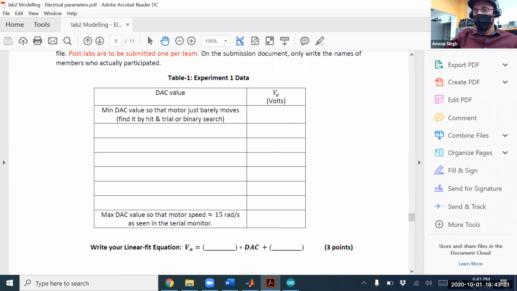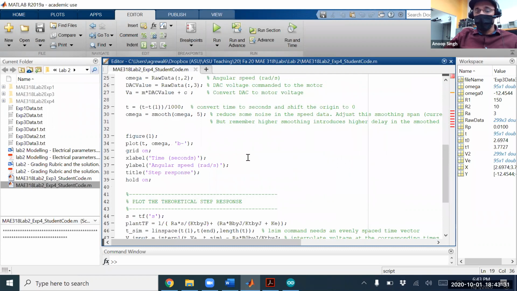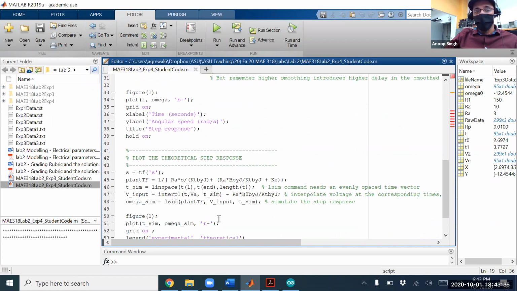So y is equal to mx plus c. The voltage is m times DAC plus c. And then MATLAB is going to plot the response of your transfer function as obtained over here, and also the experimental response. Hopefully they'll match. Otherwise, we will at least get a new, experimental confirmation of what the transfer function is. Okay, try this out.